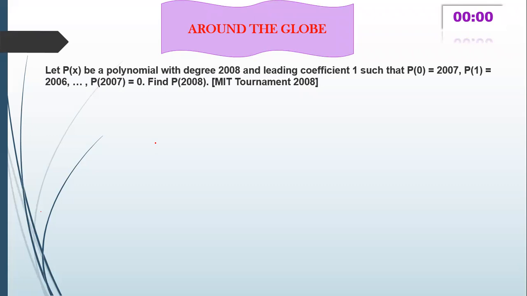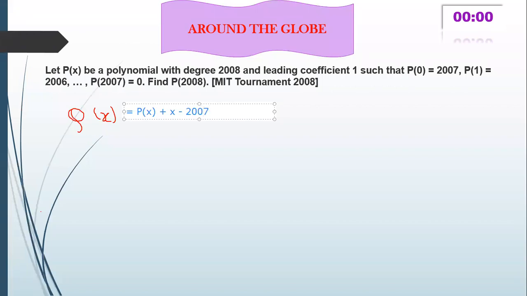See, you are given a relation with p of x, but let's take a function q of x. See, I am writing it. q of x is equal to p of x plus x minus 2007.